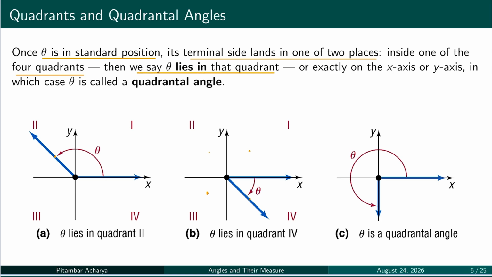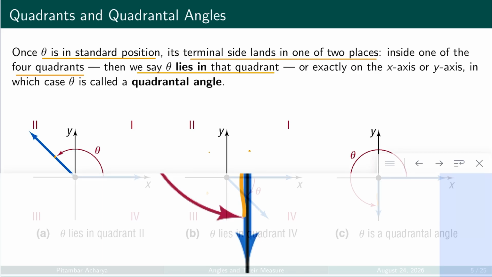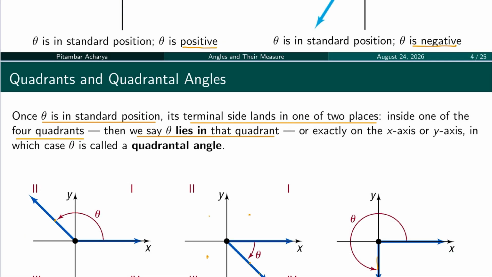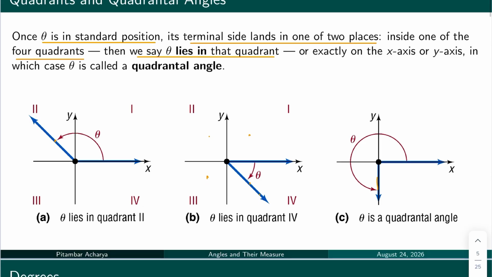Sometimes the terminal side lies on the y-axis or on the x-axis. If it happens, we call this a quadrantal angle. Here theta is a quadrantal angle.